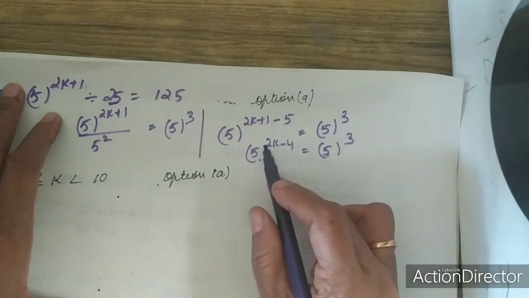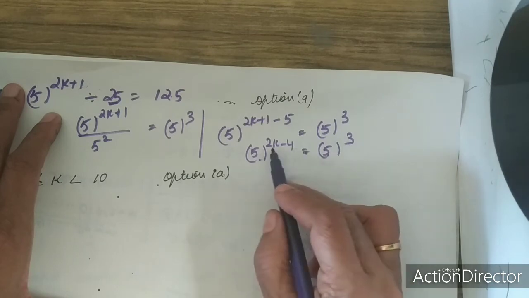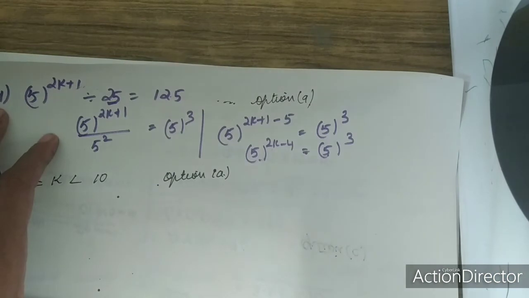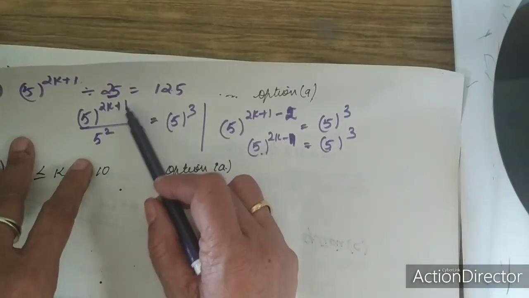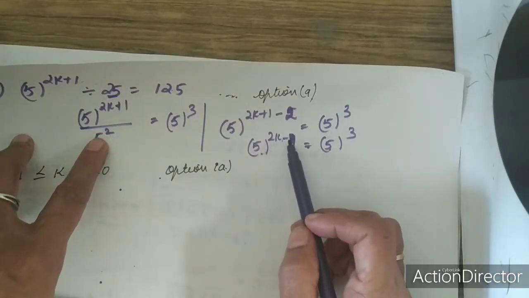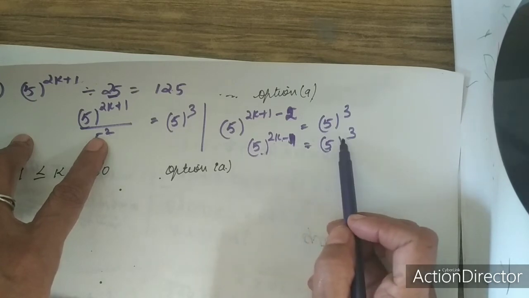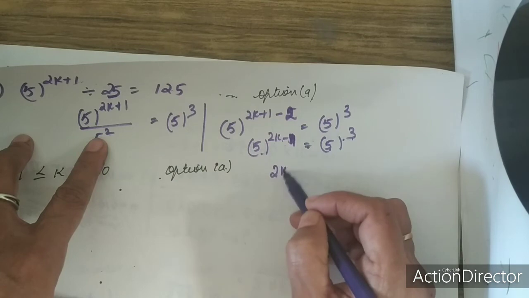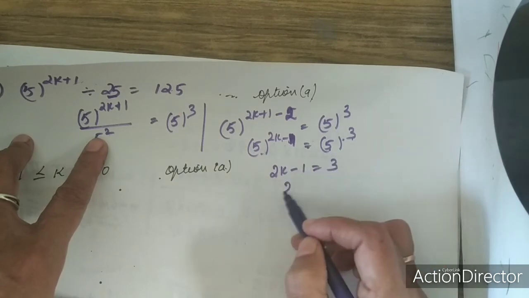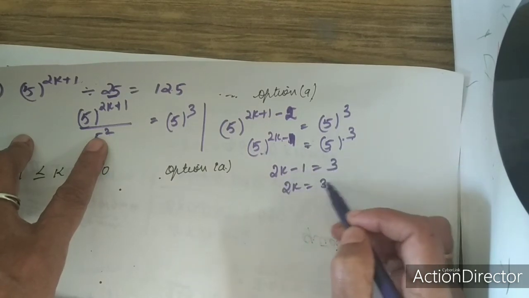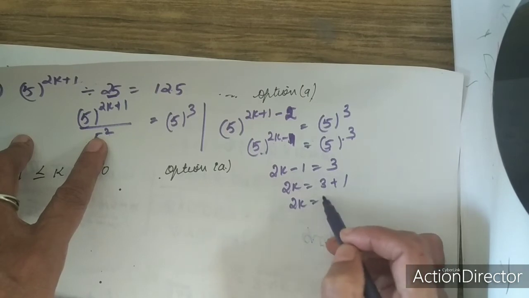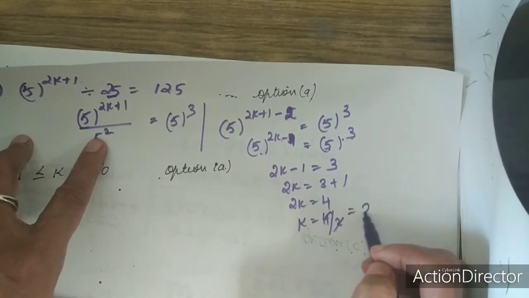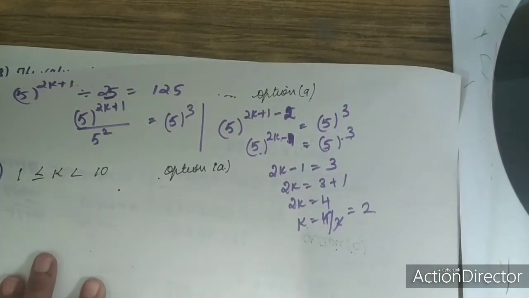Since the bases are same, since there is an equal to sign, I can equate the powers. 2k minus 1 is equal to 3, or 2k is equal to 3 plus 1, or 2k is equal to 4, or k is equal to 4 upon 2, which is equal to 2.